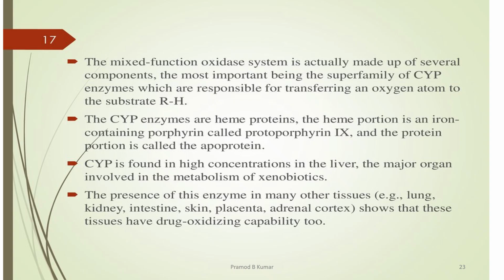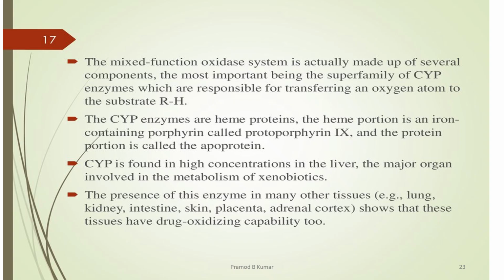The mixed function oxidase system is actually made up of several components, the most important being the superfamily of cytochrome enzymes, which are responsible for transferring an oxygen atom to the substrate. So cytochrome enzymes are basically monooxygenase enzymes.